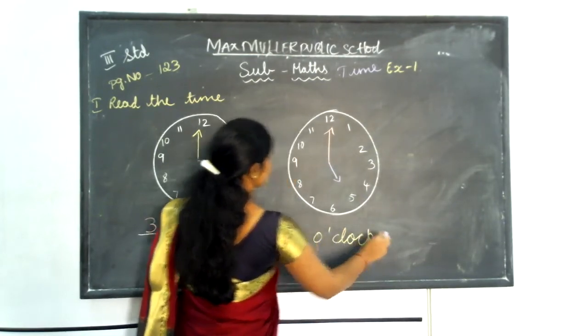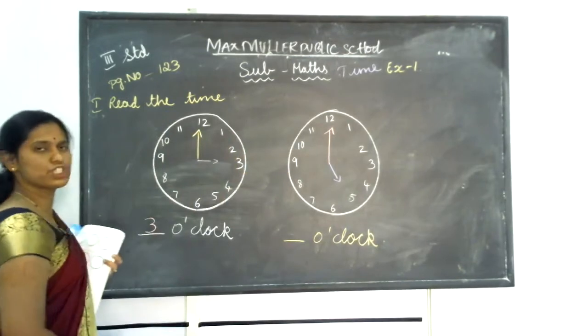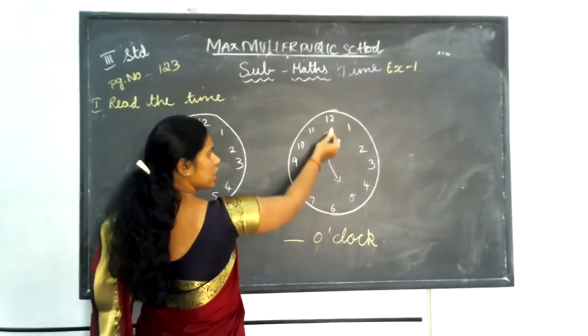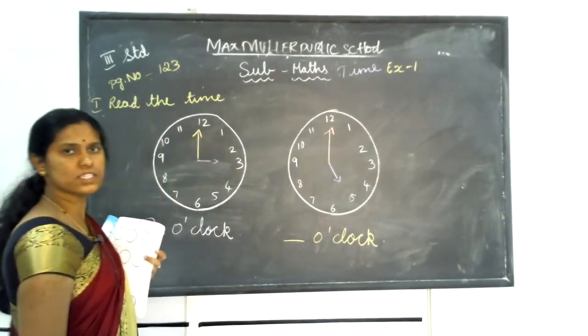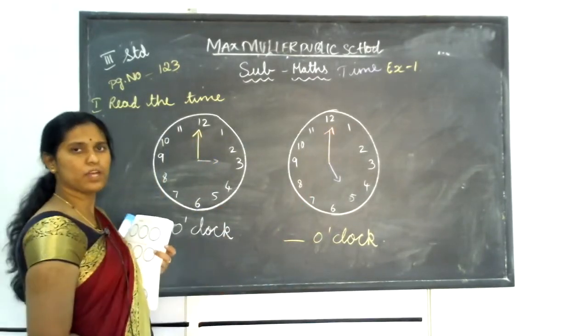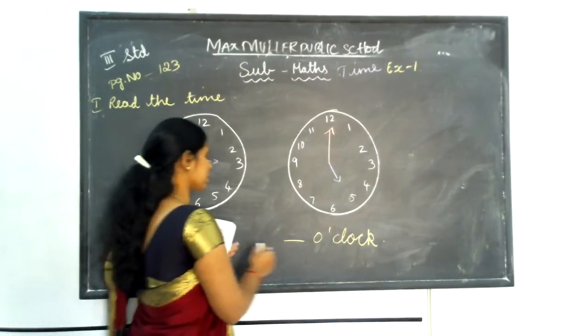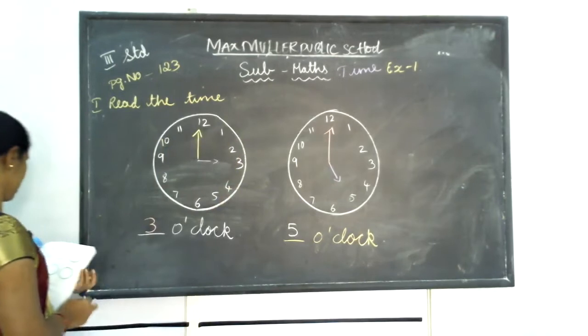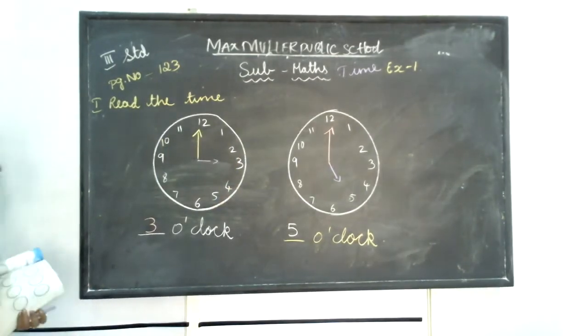The second one, you see, what is the time it is showing? The short hand, it is showing 5. The long hand, it is pointing towards 12. So what is the time now? It is 5 o'clock. Write 5 there. Next one.